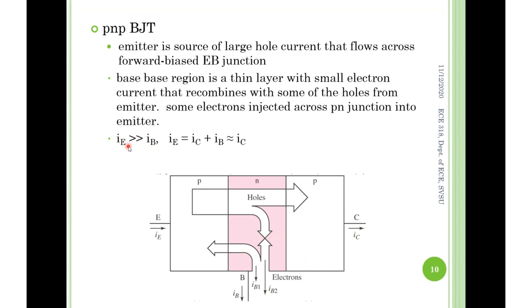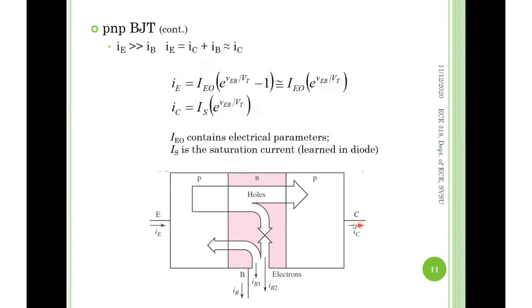This is the PNP BJT. Also, IE and IC are related to the voltage between emitter and base, but not VBE anymore, but VEB. It's just like in the MOSFET, N channel and P channel, where we swap the subscripts, remember? It's not VGS, but VSG. Here, it's not VBE anymore, but VEB. For NPN, we have VCE. For PNP, we have VEC.